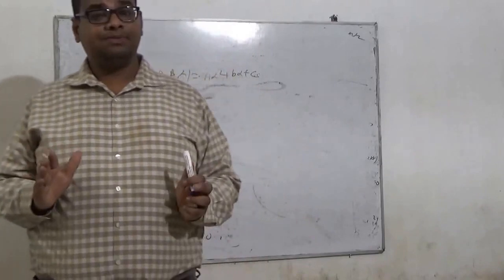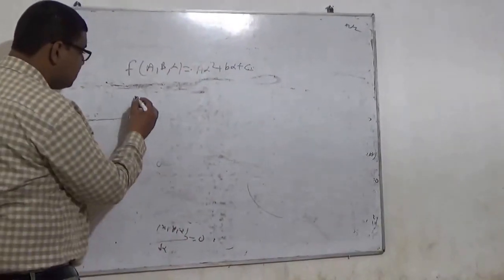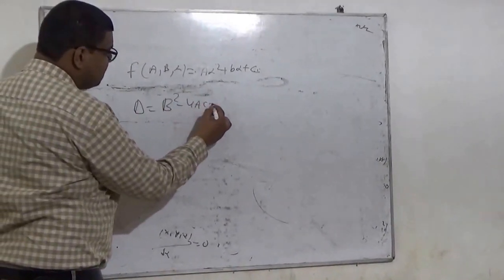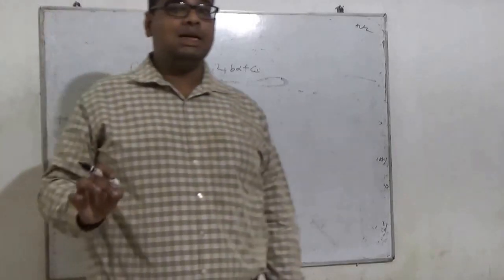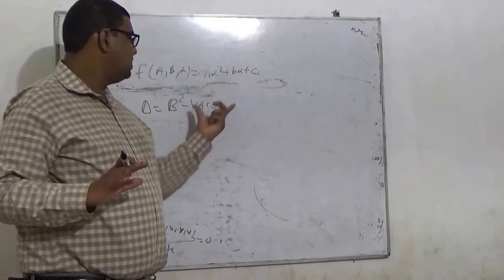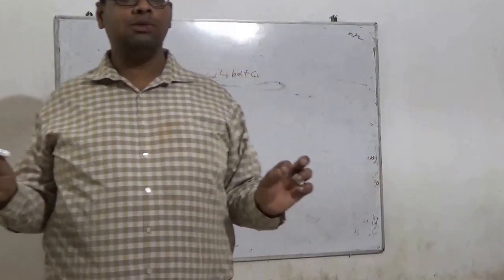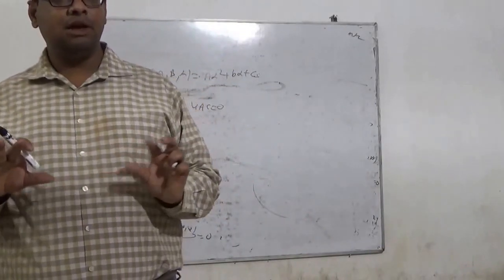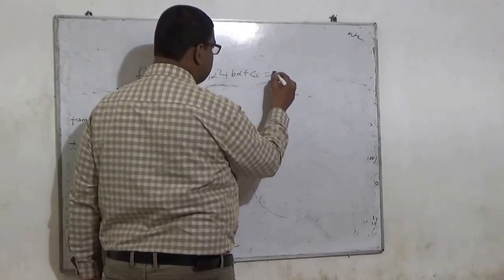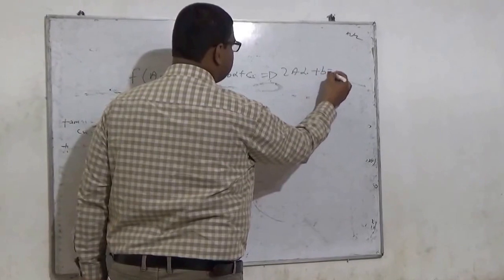Then in that case, the discriminant, delta, which is b square minus 4ac equal to 0, will represent the equation of the envelope. I can prove that. To prove this statement, we have to again differentiate with respect to the parameter and solve the equation of the family of curves and the differentiated equation. If I differentiate with respect to the parameter, I get 2a alpha plus b equal to 0.